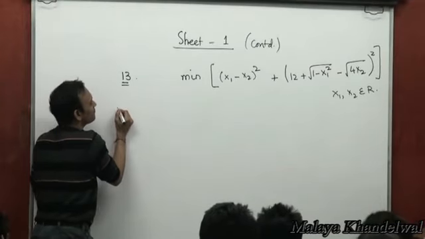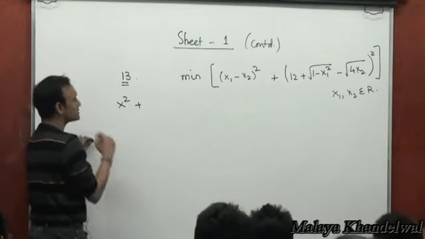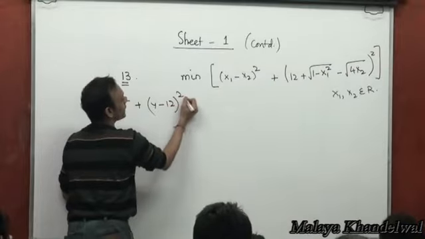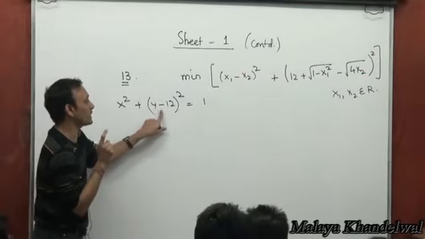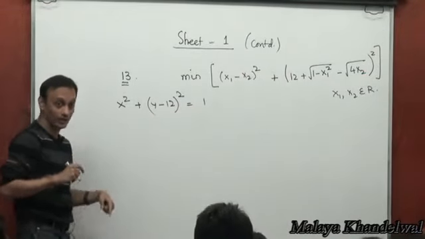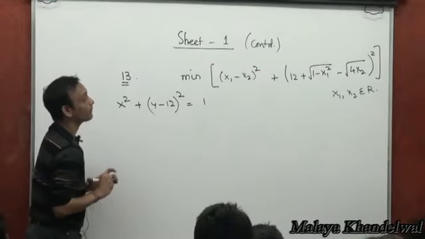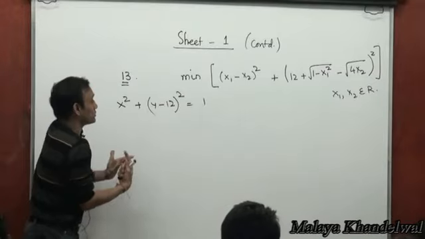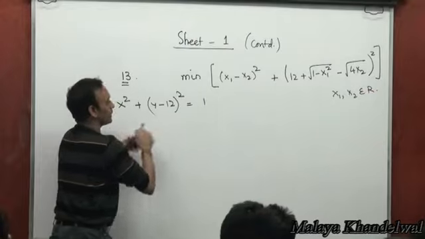Realize that if I have a circle which is x squared plus y minus 12 whole squared equal to 1, then any y on the circle is actually root 1 minus x squared plus 12, right?